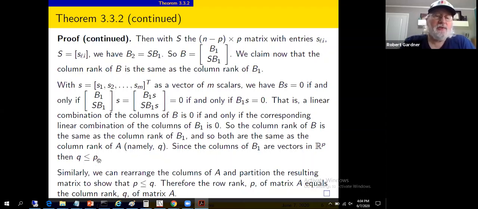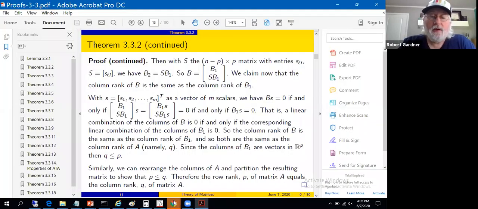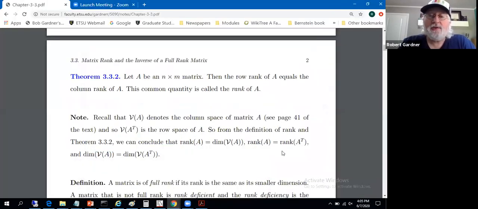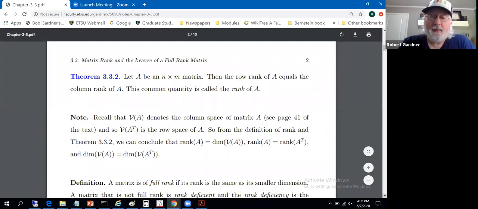So Q is less than or equal to P, as we showed, and P is less than or equal to Q. Similarly, by playing with columns instead of rows, we conclude that P and Q are the same: the row rank of A and the column rank of A are equal. And that common value is called the rank of a matrix.